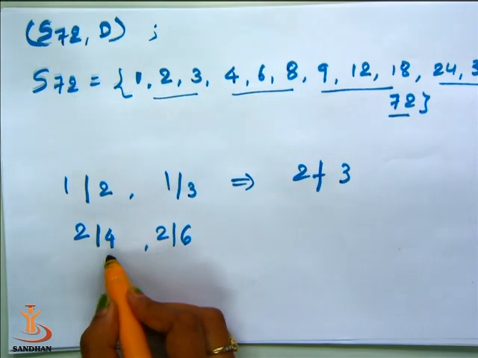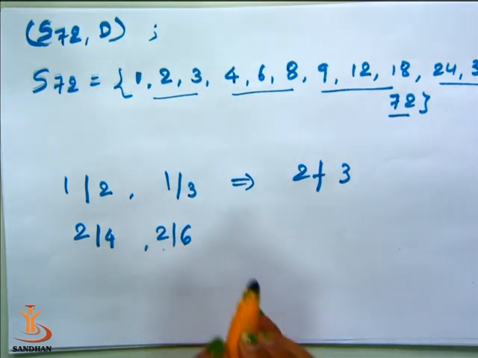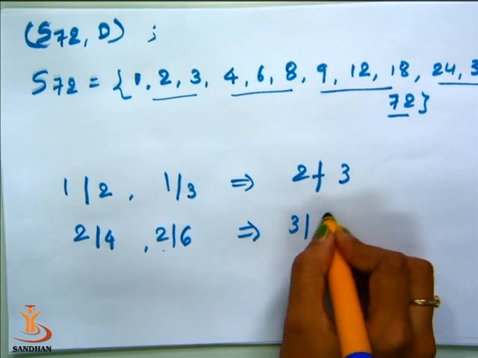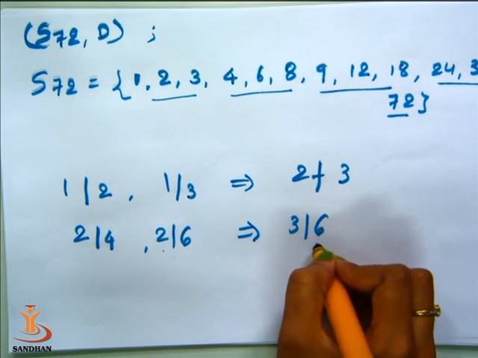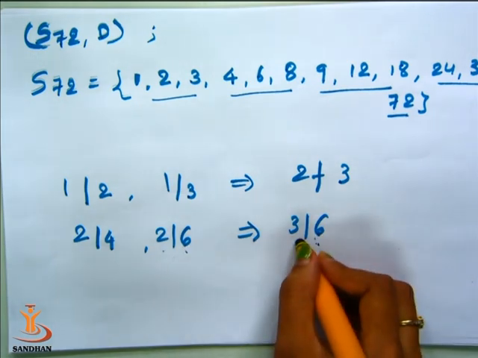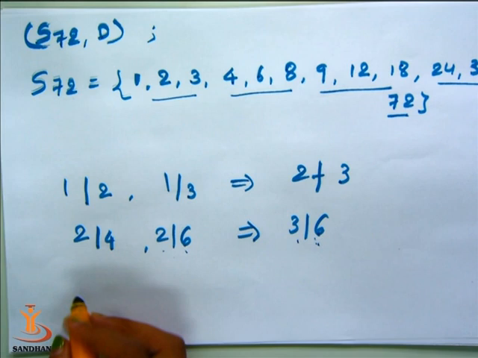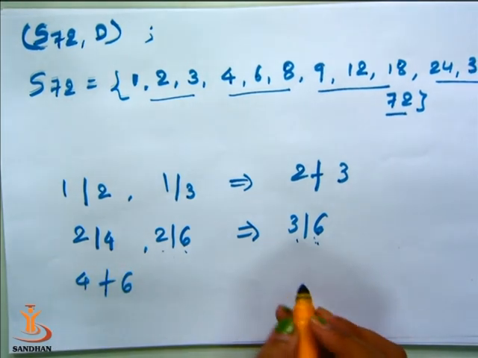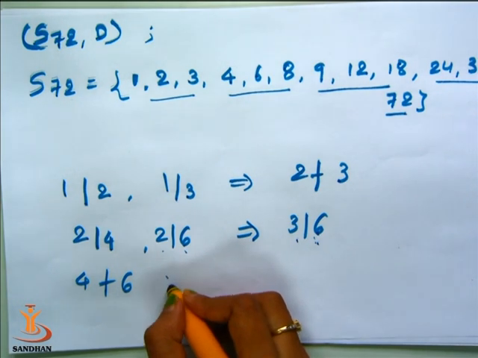We can join 2 to 4 and 6 by a line. And 3 divides 6, we can join 6 to 3 also. So there are 2 lines for 6, from 2 and from 3 also. Now 4 and 6 do not divide each other, so both have the same height.